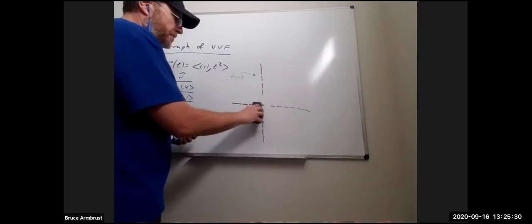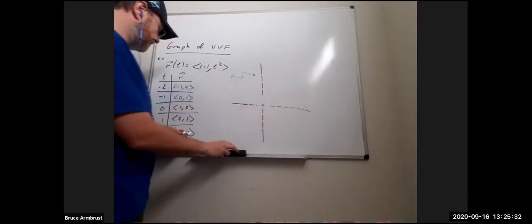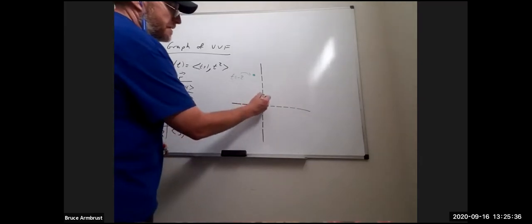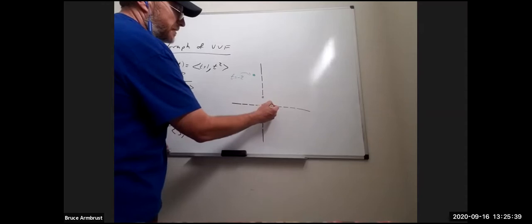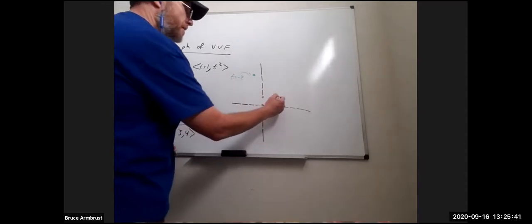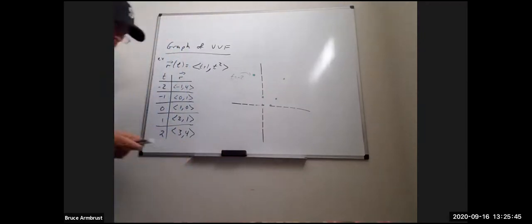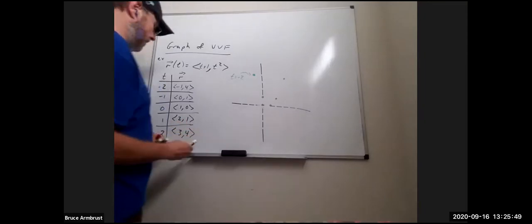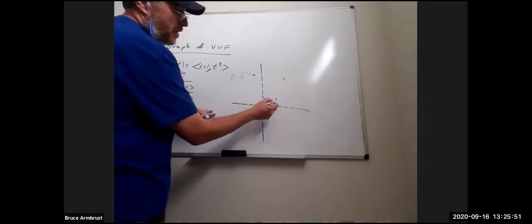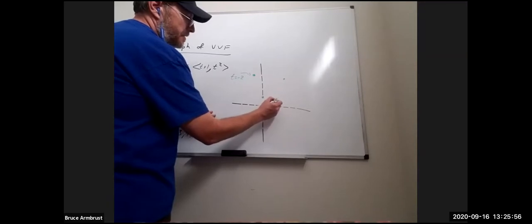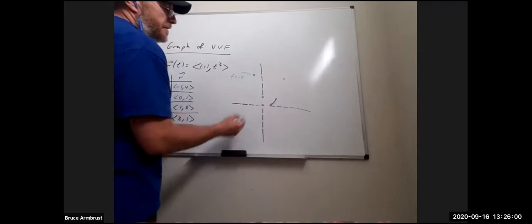And instead, let me just draw in the dots. So for that vector 0, 1, its end was up here. 1, 0, its end was over there. The 2, 1 was over here. The 3, 4 was over there. And now, if we were to look at those between 0 and 1, and all we took care of were the dots at the end of the arrows, we start seeing something like this.